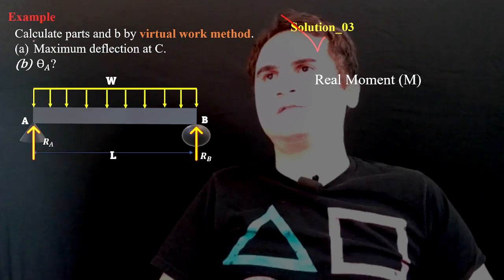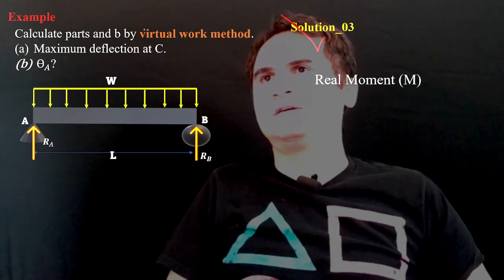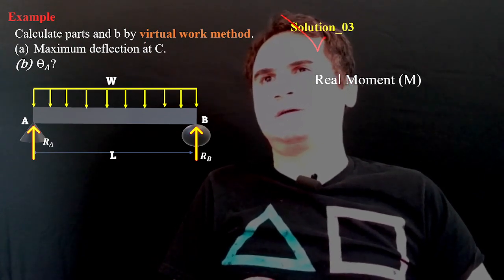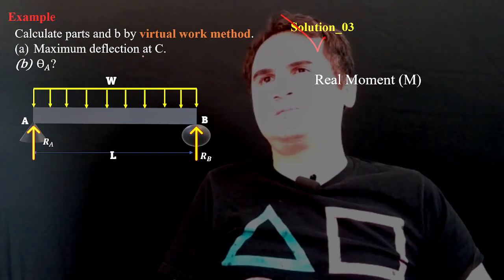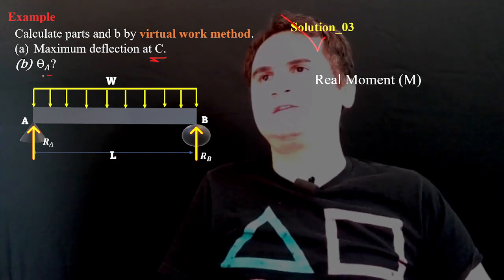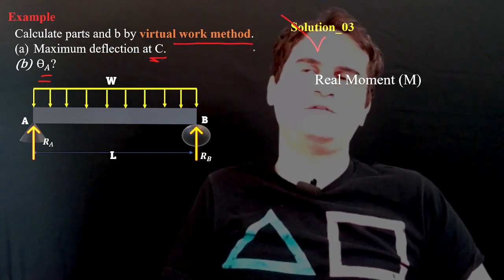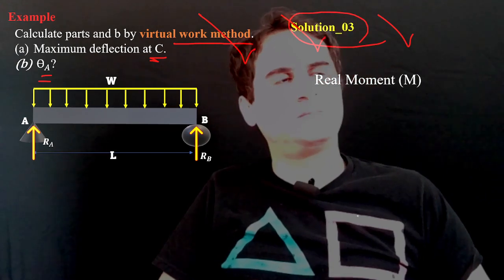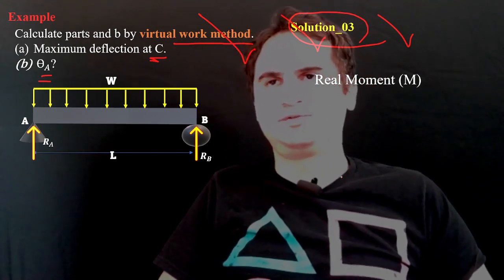For example, we want to calculate the maximum deflection at C and also theta at A with the help of the virtual work method, which is solution 3, a virtual method which we are going to do today.